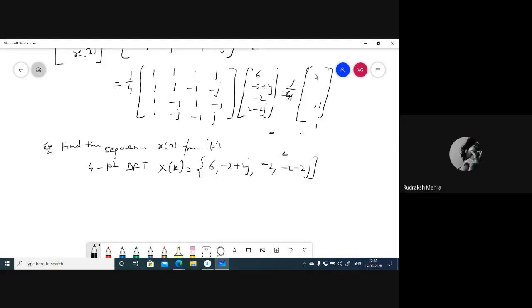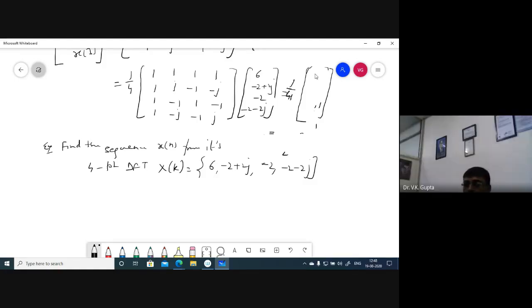Sir, 0, 4, 8, 12. Yes, this is 0, 4, 8, 12. By solving this matrix we can find this. So output will be 0 divided by 4, 0; 4 divided by 4, 1; 8 divided by 4, 2; 12 divided by 4, 3.